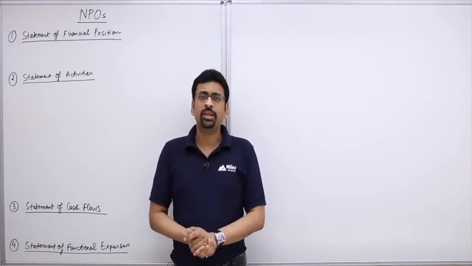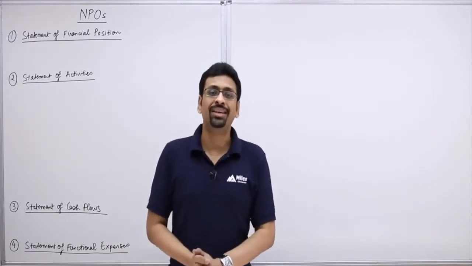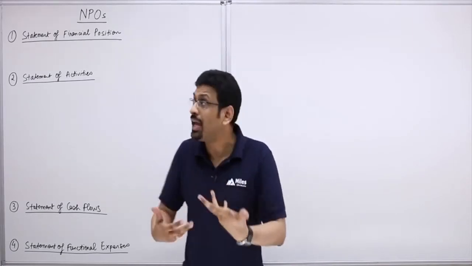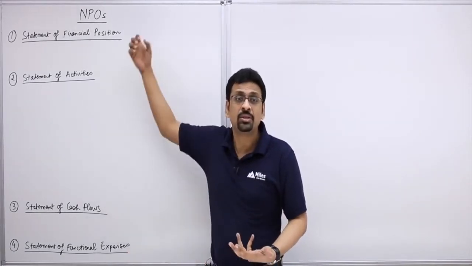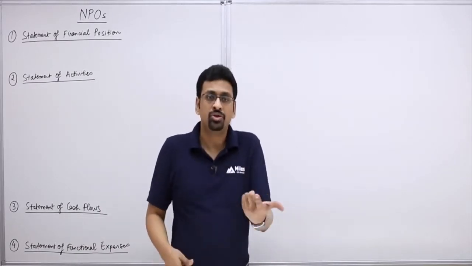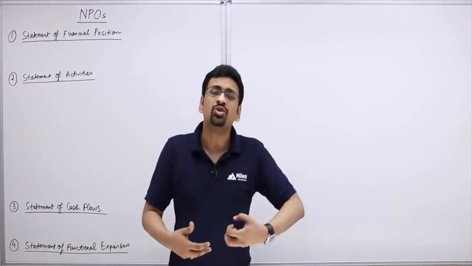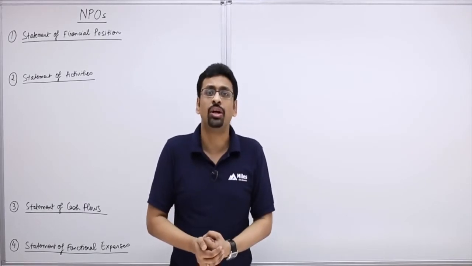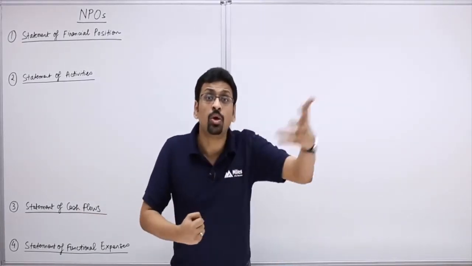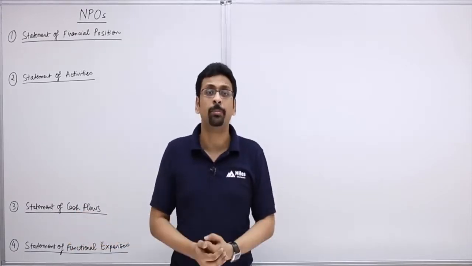Now, even though these are not-for-profit organizations, they do have a set of users who are interested in looking at their financial statements. Their users include their donors, their members, their creditors, and others who provide resources to these organizations. Let's say they're receiving government grants. The government wants to look at what's happening with the money.